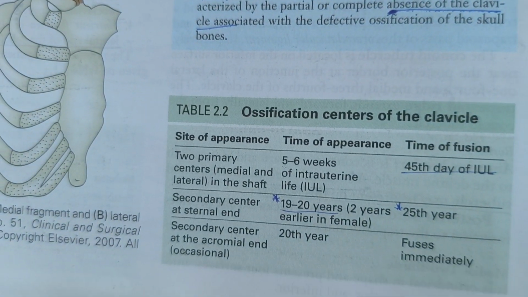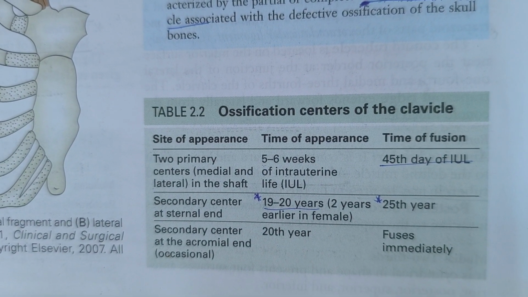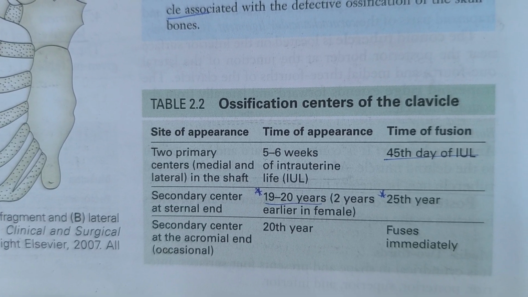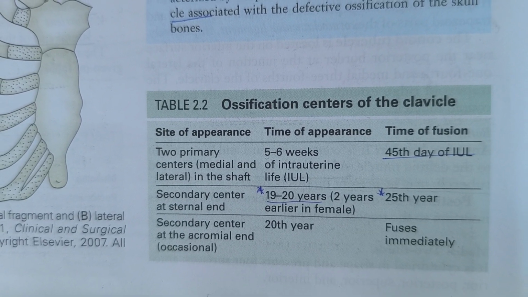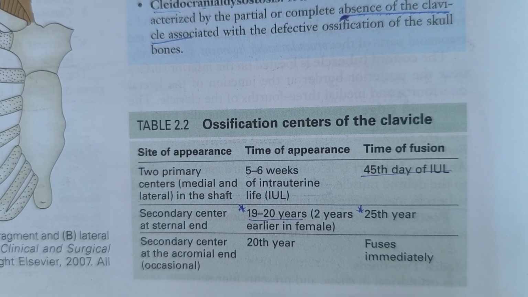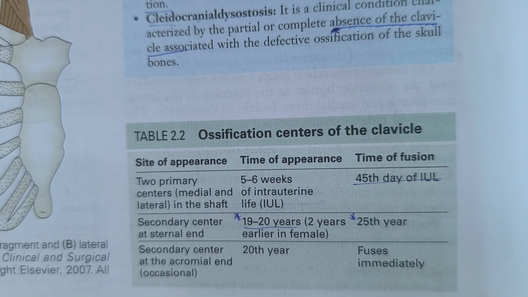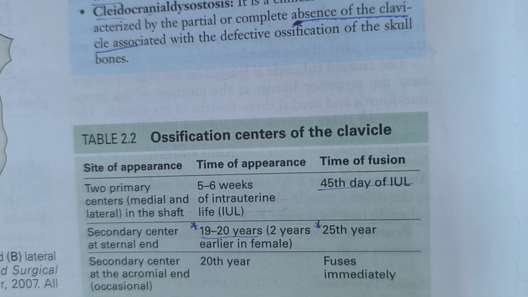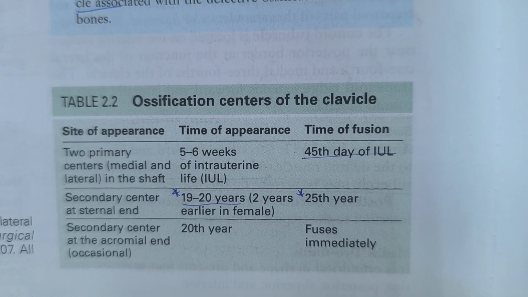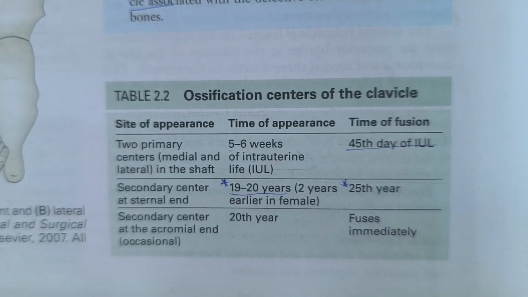Here it is given. Ossification centers of the clavicle. Site of appearance: two primary centers, medial and lateral, in the shaft. Time of appearance is 5 to 7 weeks of intrauterine life, and time of fusion is 45th day of intrauterine life.